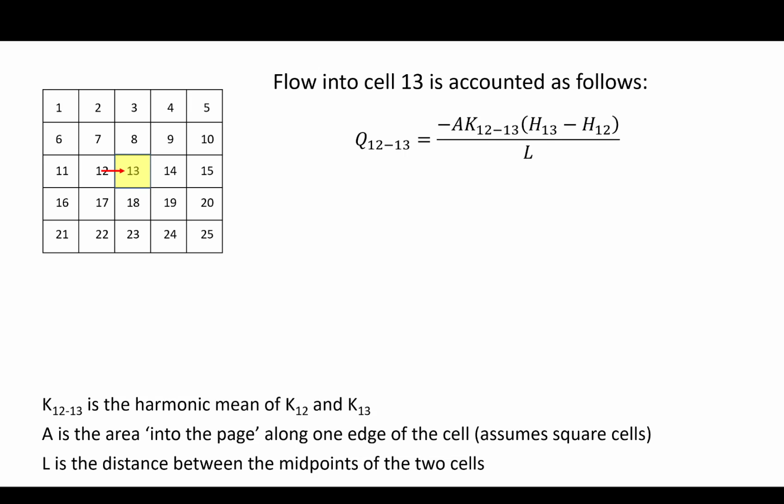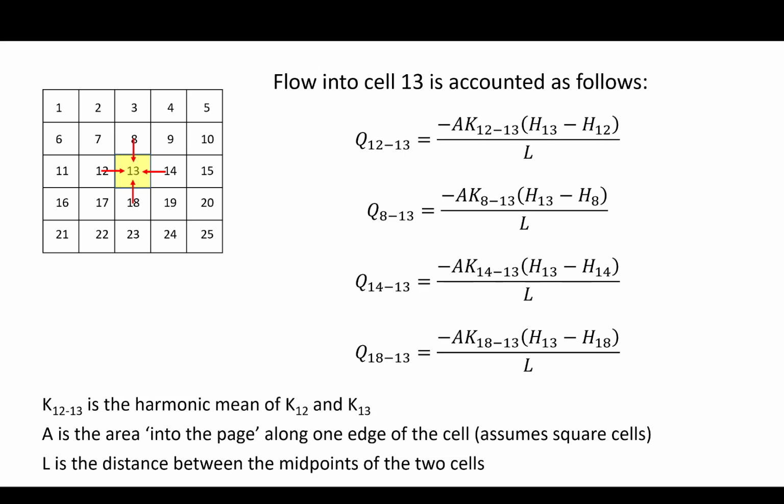And we can write Darcy's equation with subscripts that refer to the head in 12 and 13 and the effective k between cells 12 and 13. We can do the same for the flow between 8 and 13 and between 14 and 13 and 18 and 13. This gives us 4 equations describing the flow between cell 13 and those cells surrounding cell 13.